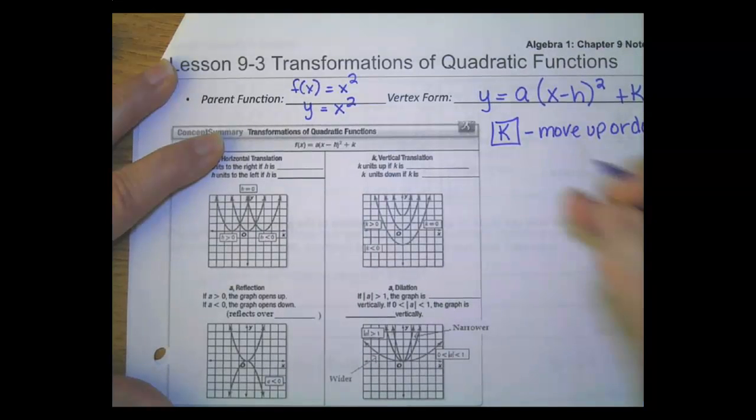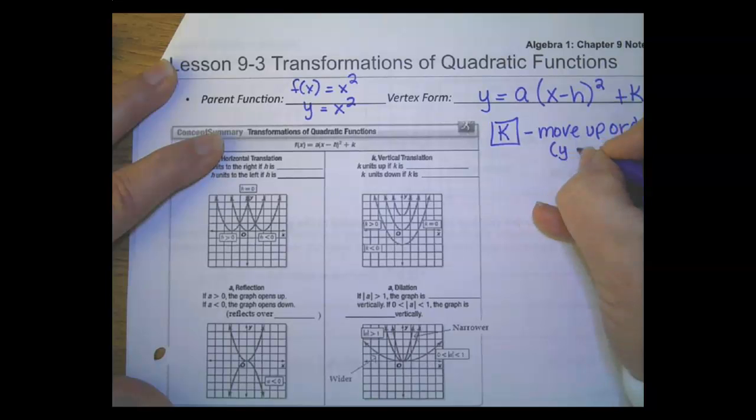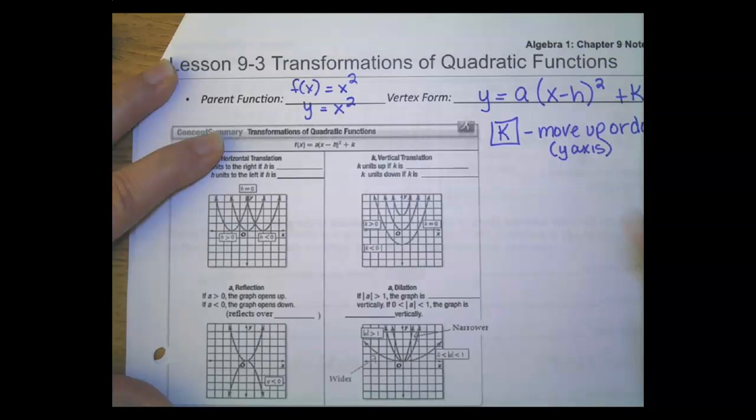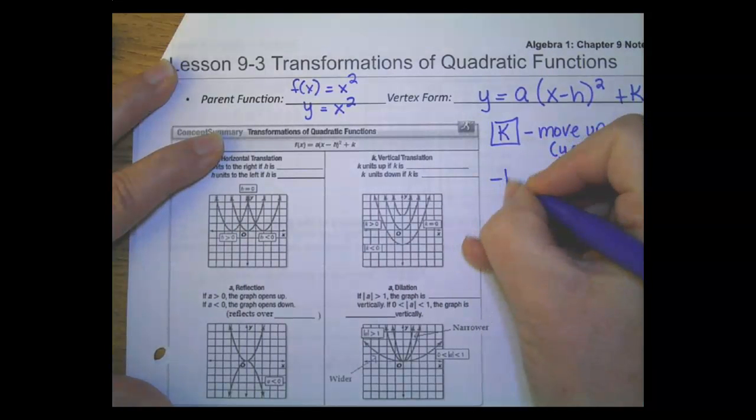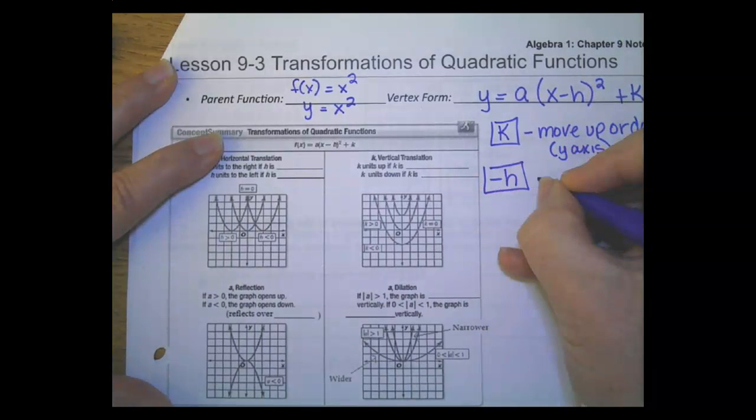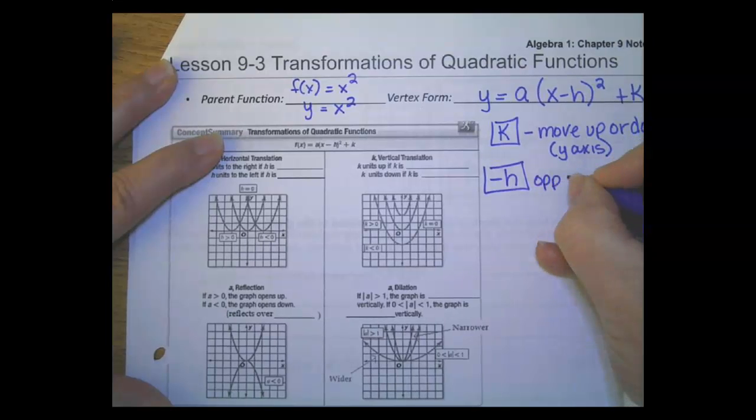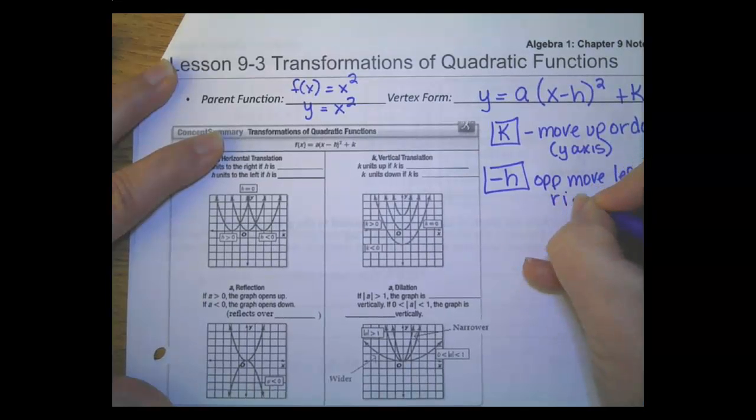So it's a y-axis move. Your h is the opposite move, left or right.